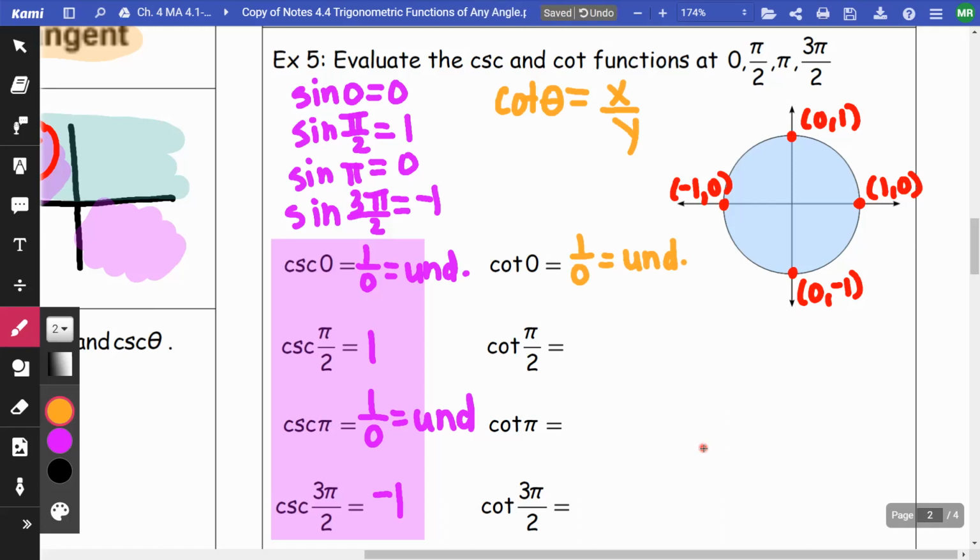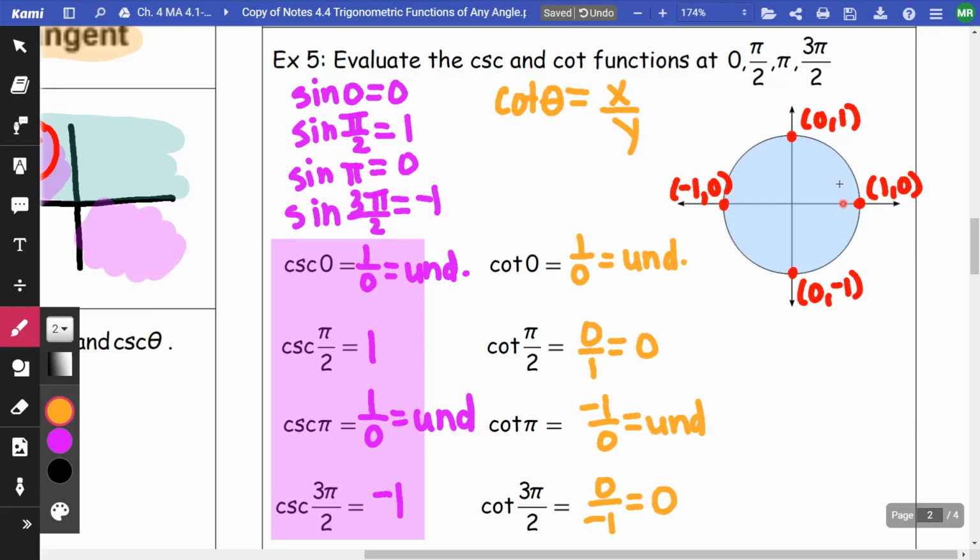For pi halves, my x over y is going to be 0/1, which is 0. My cotangent of pi is going to be -1/0, which is undefined. And my cotangent of 3 pi halves is going to be 0/-1, which is 0.